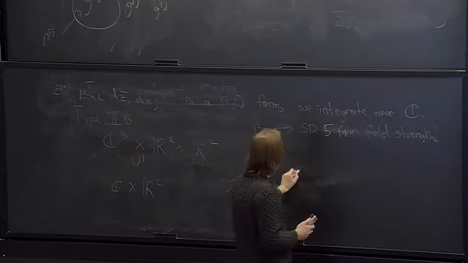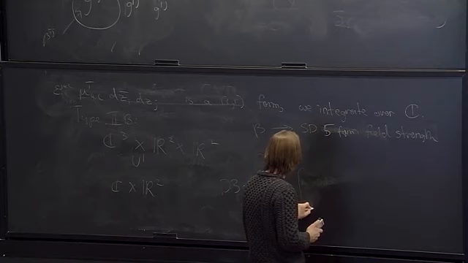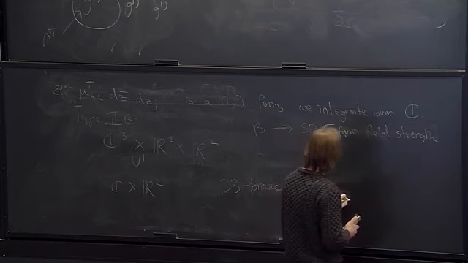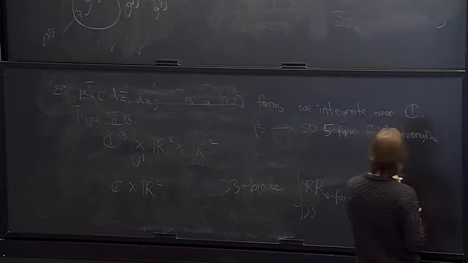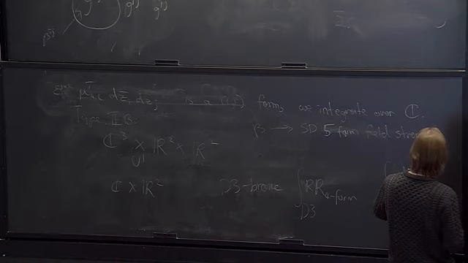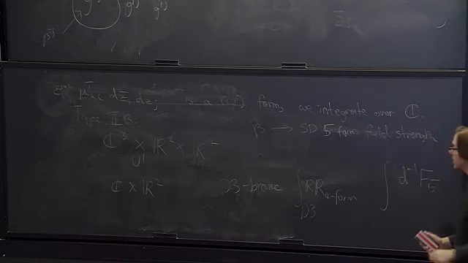So the integral over the D3 of the Ramond-Ramond 4-form looks like the integral of del of d inverse of the Ramond-Ramond 5-form. That's what we're doing.